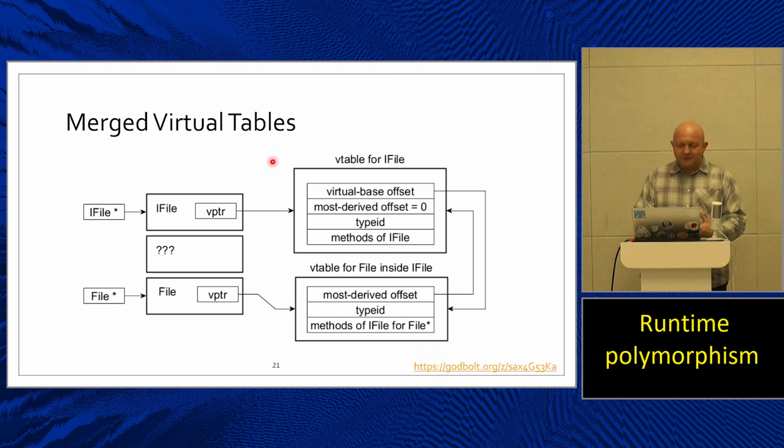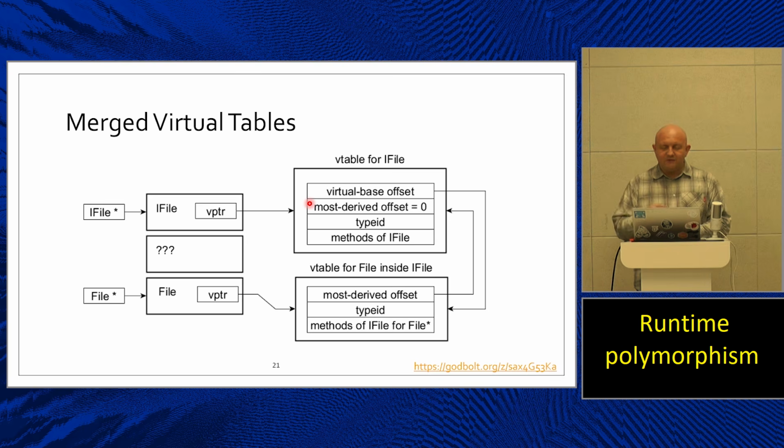And now things become really interesting. With virtual inheritance, the virtual table is no longer just a list of function pointers. It also contains offsets to virtual bases, offsets to the most derived objects, RTTI pointers, and other internal machinery.